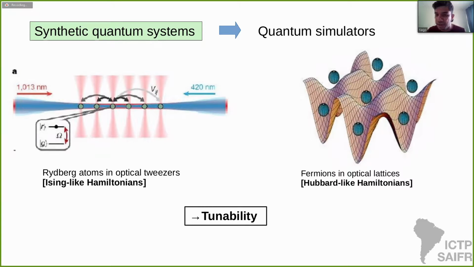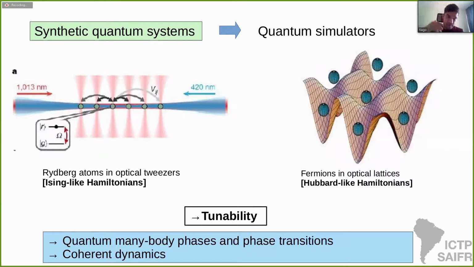So one can use this system to address questions like how is the ground state of the Hubbard model, for example, in certain regimes of parameters, that cannot be resolved with other techniques, like numerical techniques using a classical computer, for instance.